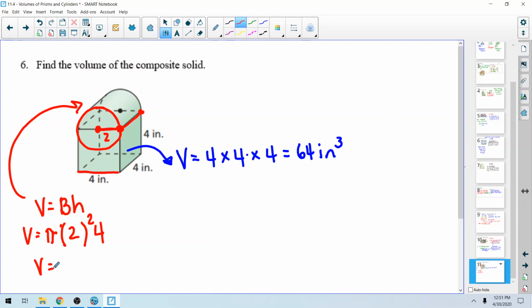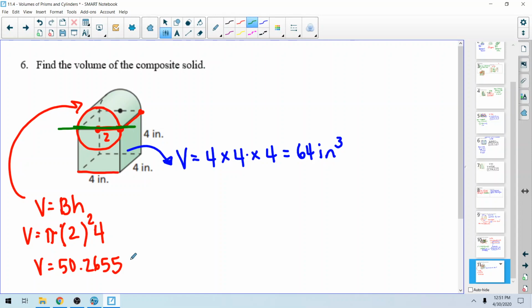If we figure that out, pi times 2 squared times 4 is about 50.27, I'll leave some decimals, 50.2655, but that's for an entire cylinder. But we only have like half the cylinder up here.